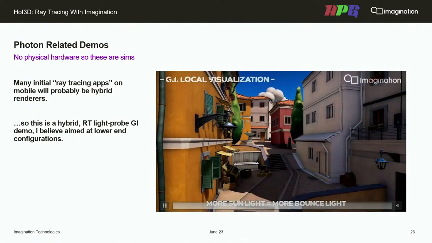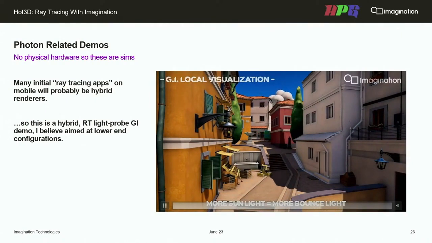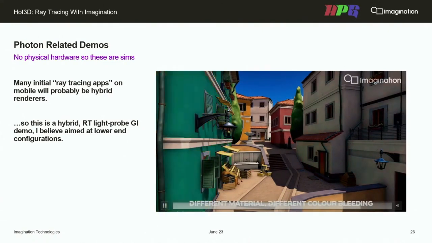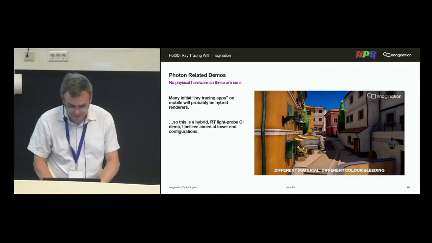You can see that as the shadow moves away, it becomes more and more yellow, as you'd expect. It's just sped up. As you change the material, you get the same sort of effect over on the wall as it changes.